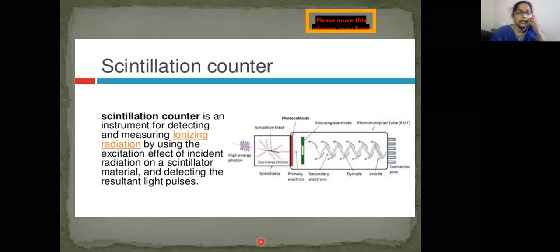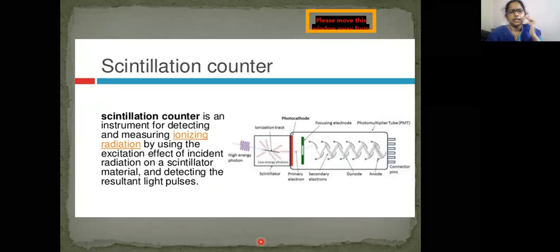Next is the scintillation counter. So a scintillation counter is an instrument used for detecting and measuring ionizing radiations by using the excitation effect of incident radiation on a scintillator material.